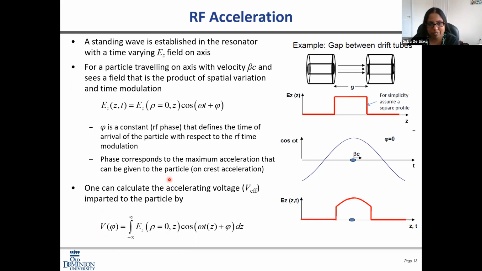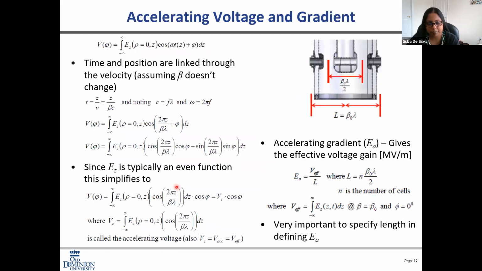So this is a simple definition of getting the cavity voltage, and then you can convert it to gradient, because most of the accelerating fields, we define them as gradients and not so much as voltages. That's also because it's length dependent.